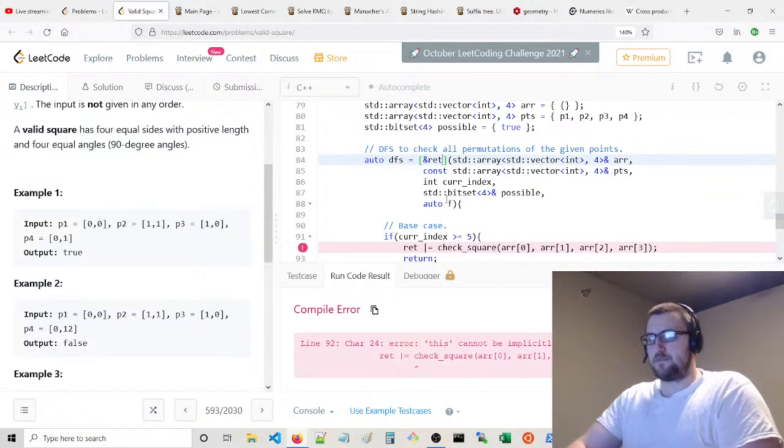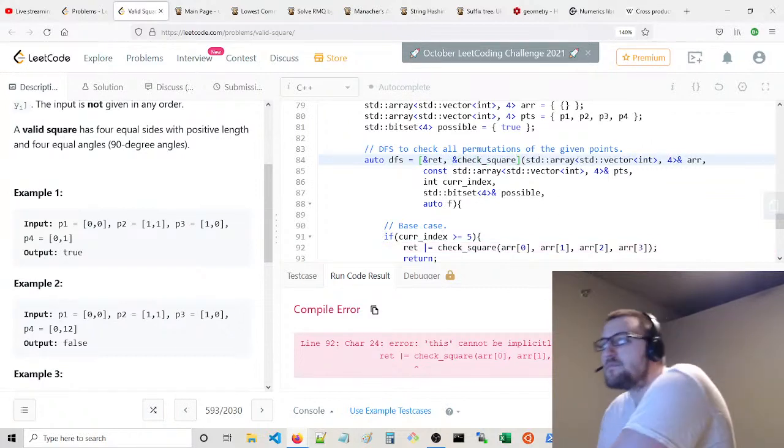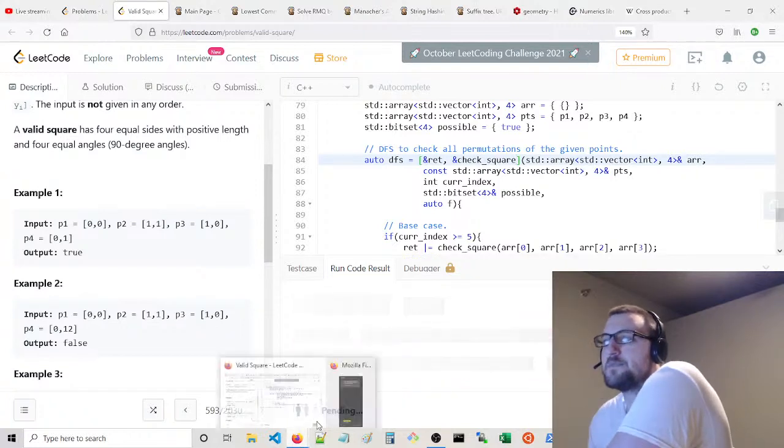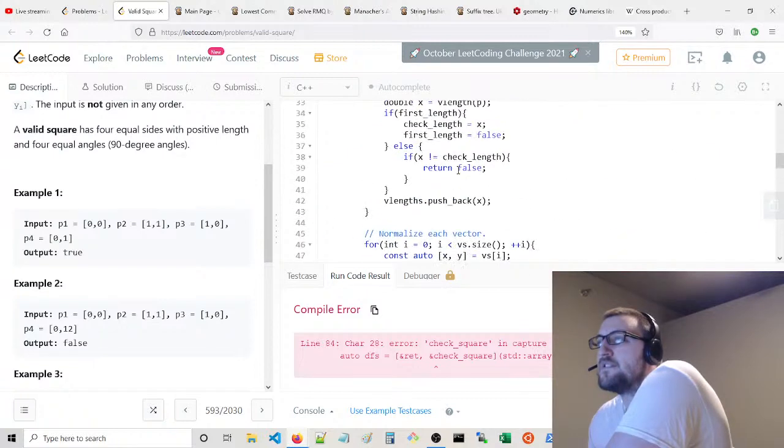There are a couple things here that we're missing, huh? That's a funny way of expressing this. Let's not name a variable. Oh, I see.